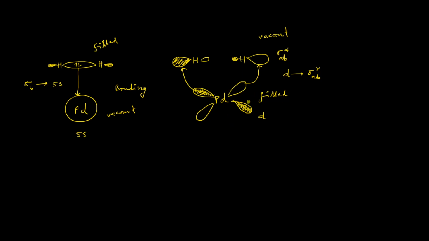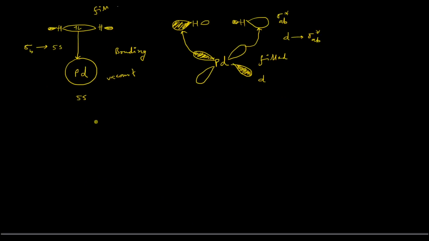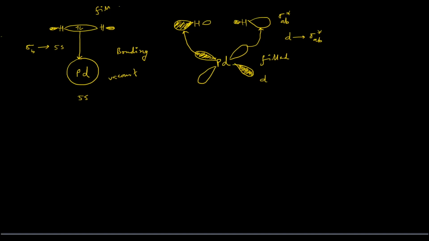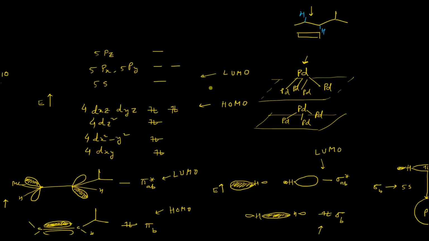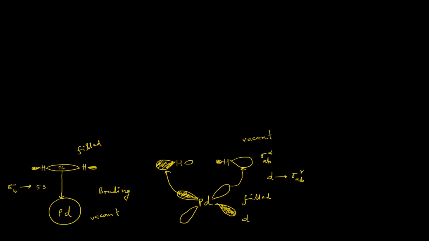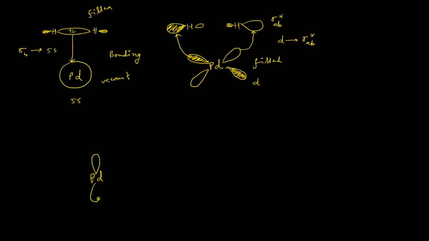And if we consider the pi interaction of the alkene, since the 5s orbital is used for hydrogen adsorption, the next LUMO will be either this molecular orbital or this molecular orbital. If we consider that px is our new LUMO, this will be the px.